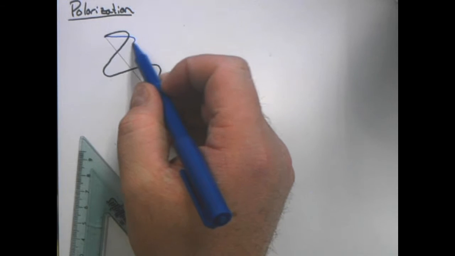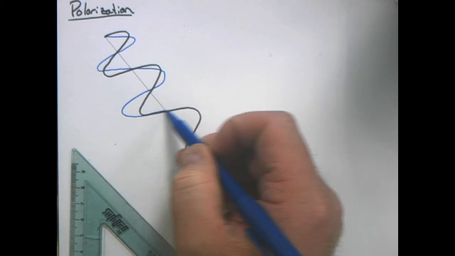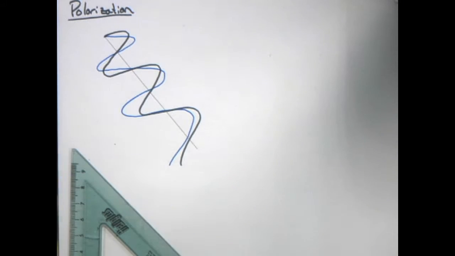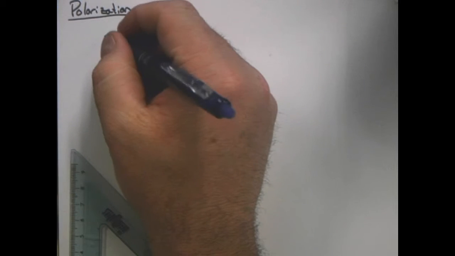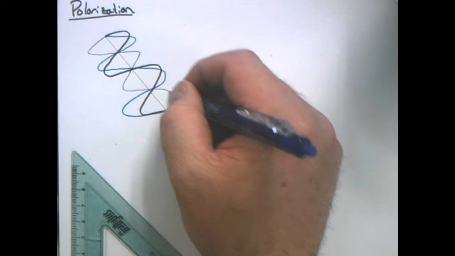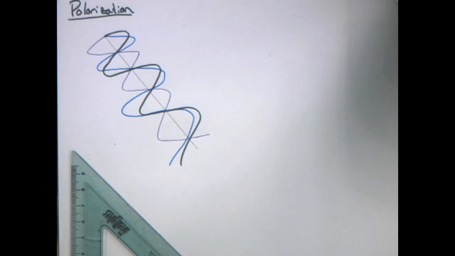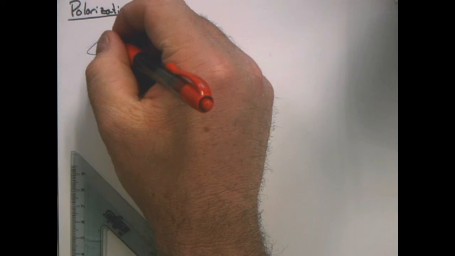So it could be like that. Okay, it could be out of phase this way. Or it could be up. I'm doing all these different colors.